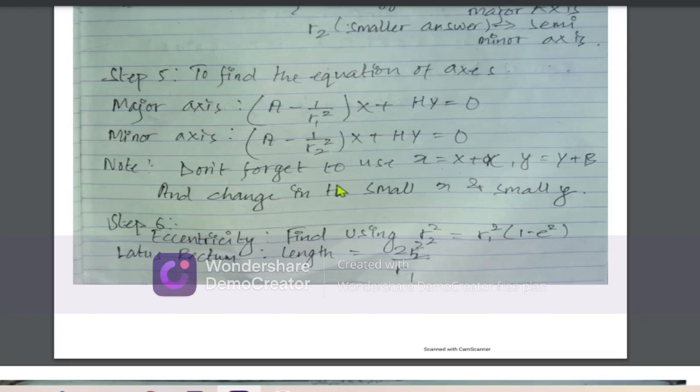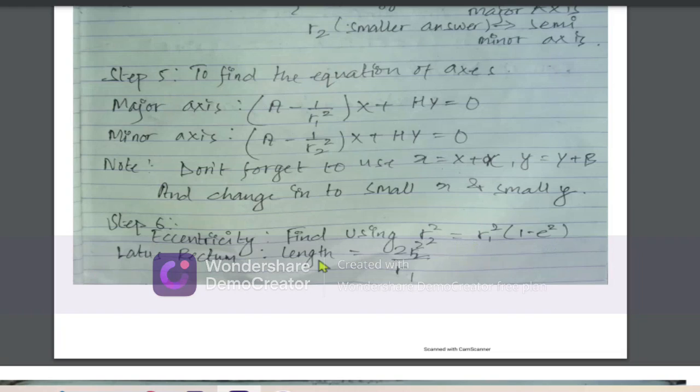So now in step 6, to find the eccentricity, use r2 square equals r1 square into bracket 1 minus e square, or also we can say b square equals a square into 1 minus e square. So this is the formula to find the eccentricity.